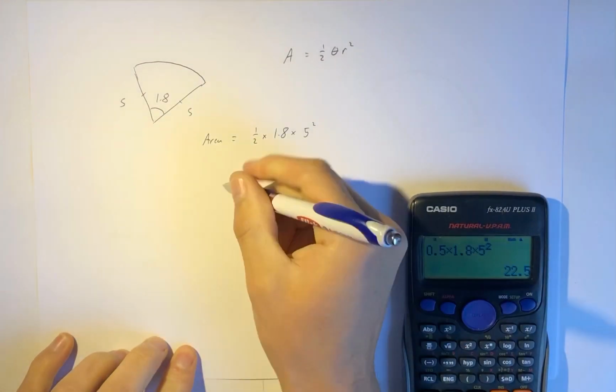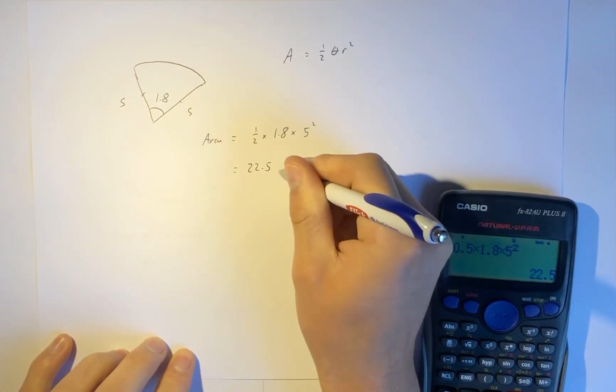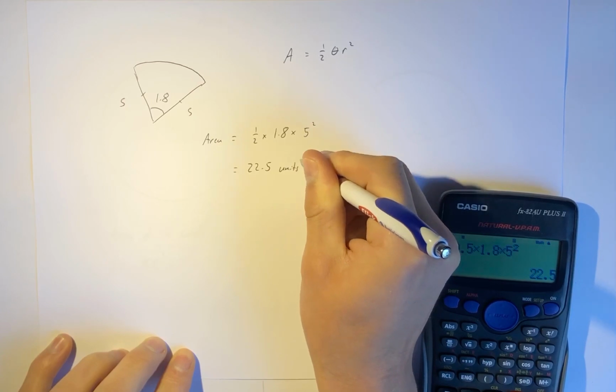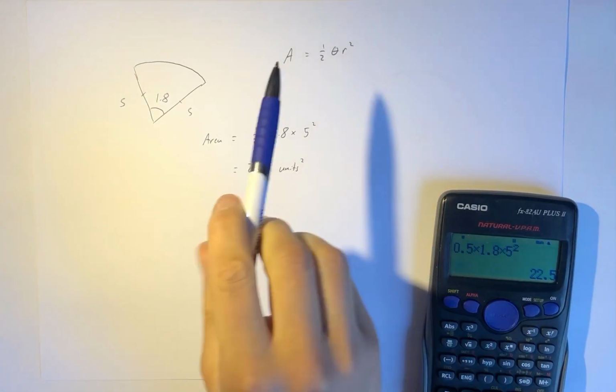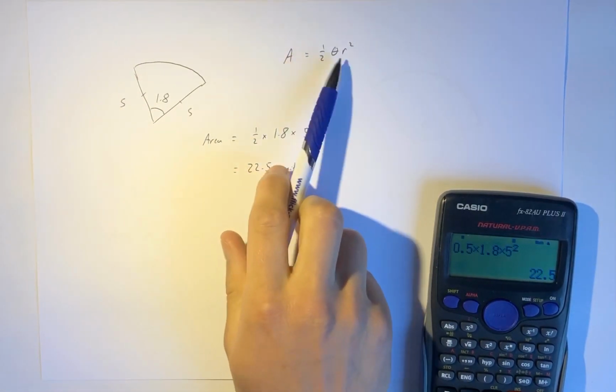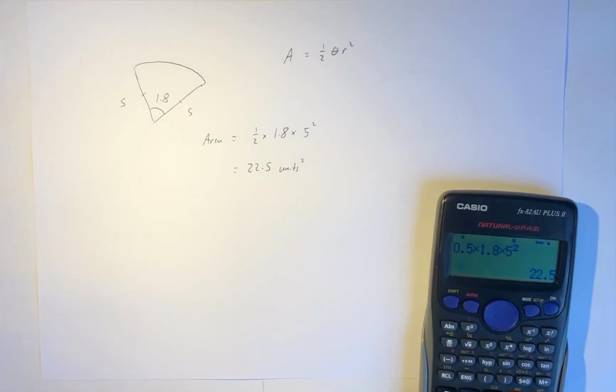And the area of this thing is 22.5 units squared. It's really that easy. Again, the hard part is solving for an angle given an area, solving for a radius given an area. And I'll be putting up some of those problems later on today.